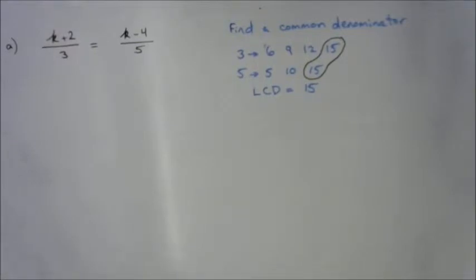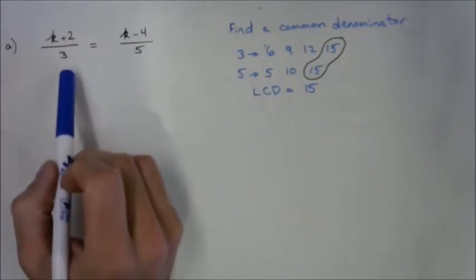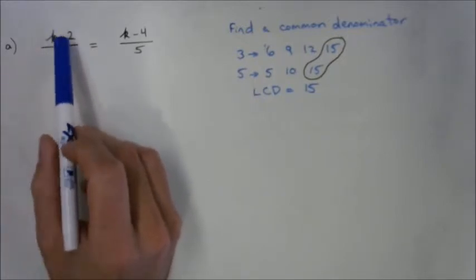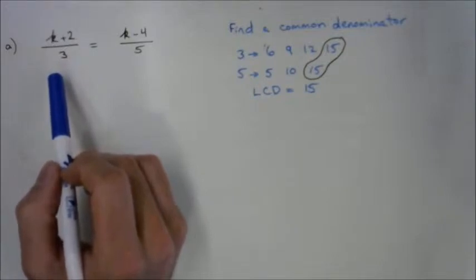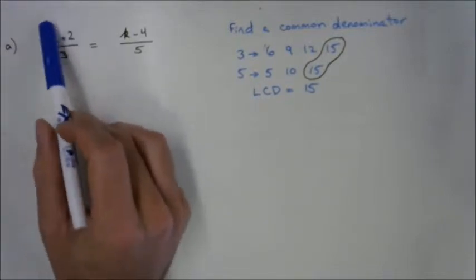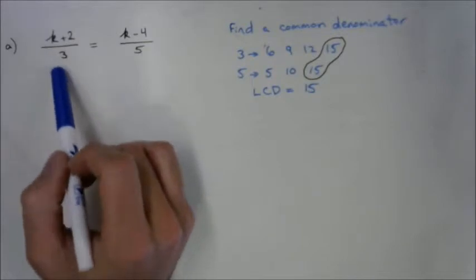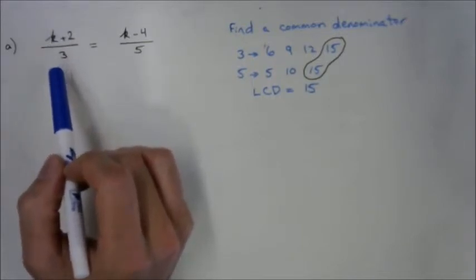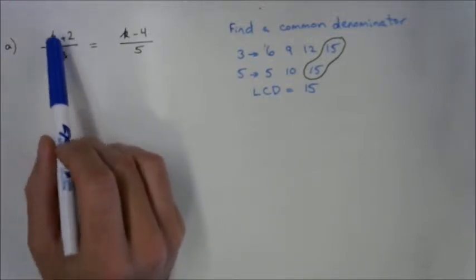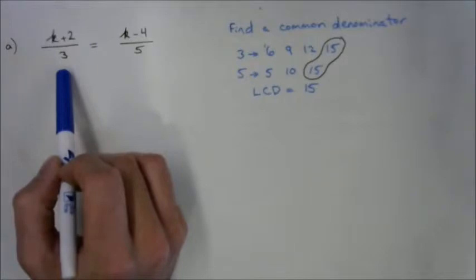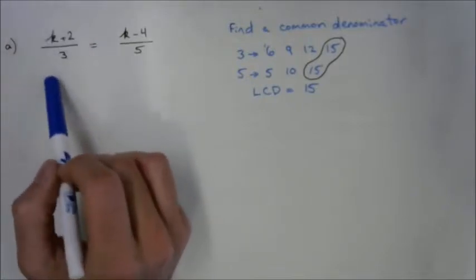I could keep the value of this the exact same by doing the same thing to the numerator and the denominator. So one rule I can do is multiply top and bottom by 5 to get a denominator of 15, and I won't have changed the value of this fraction at all.